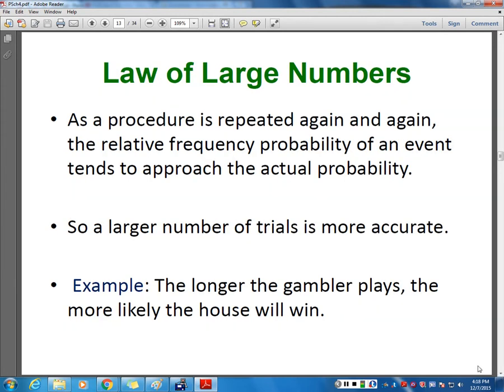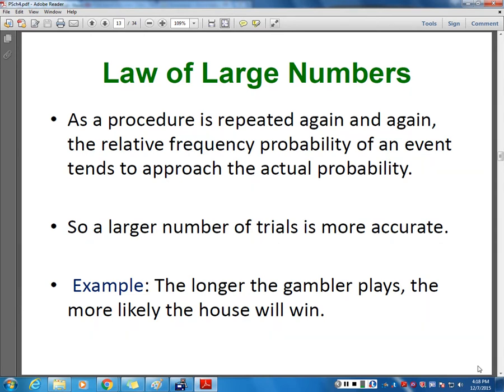Now, the law of large numbers links the two. As a procedure is repeated again and again, the relative frequency probability of an event tends to approach the actual probability. That means a larger number of trials is more accurate.